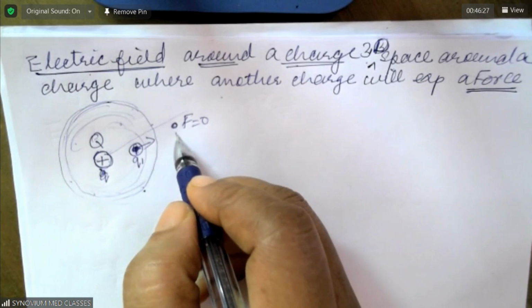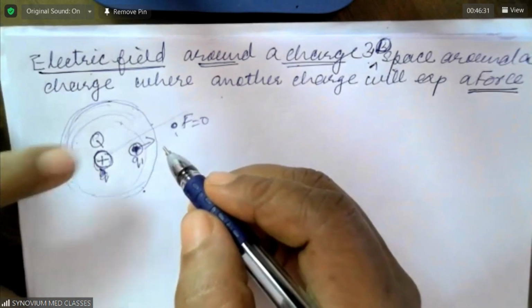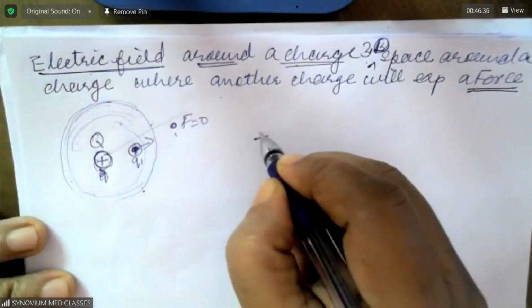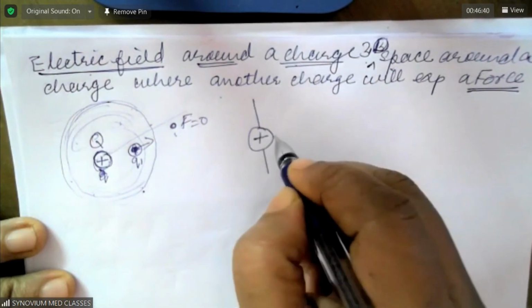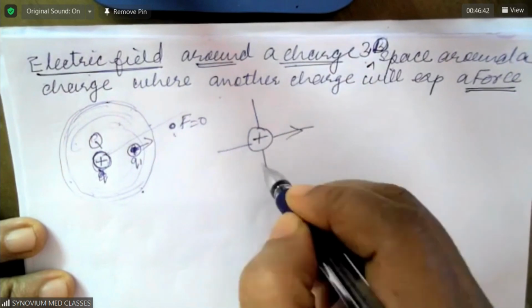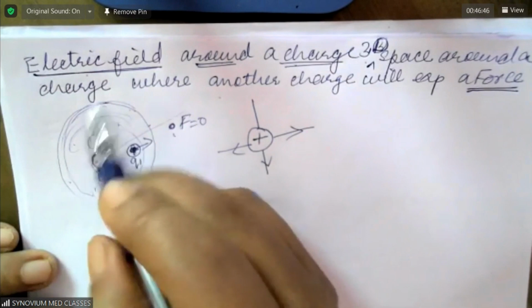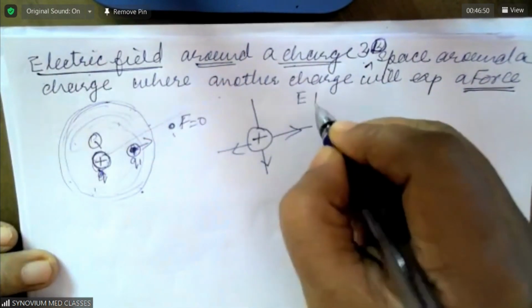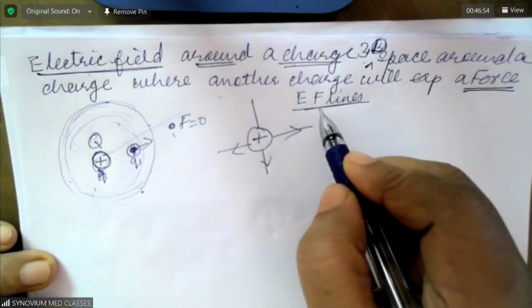All right. Now, what is the direction of the electric field around a positive charge? Electric field around a positive charge is radially outward. The direction of the electric field can be found by electric field lines. So this will tell you the direction.